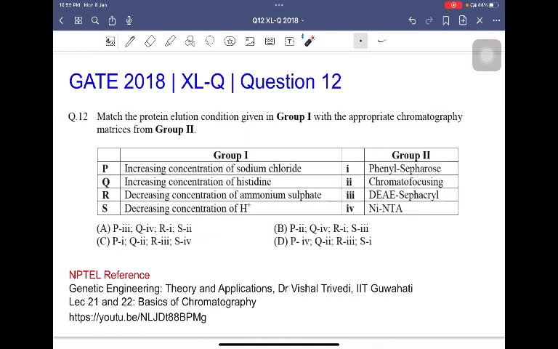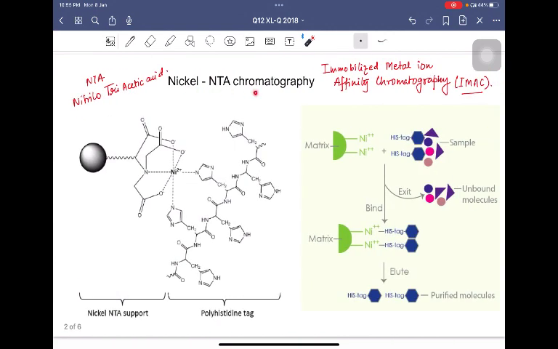So we would like to discuss a bit about these chromatographic techniques. First of all, we will talk about nickel NTA chromatography. Nickel NTA chromatography is an immobilized metal ion affinity chromatography, or we can also call it IMAC. Here, on a support, which can be sepharose or agarose, nickel ion is immobilized on this NTA.